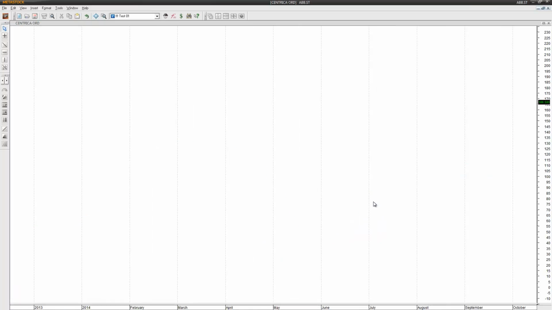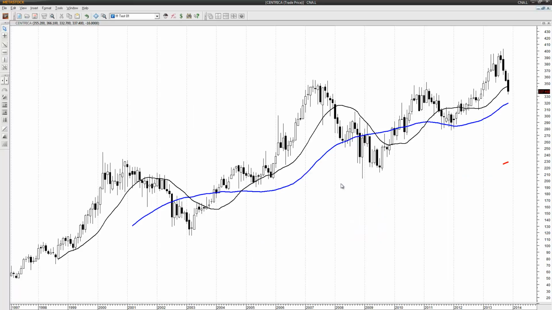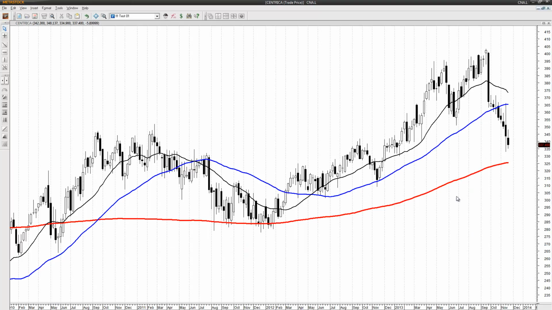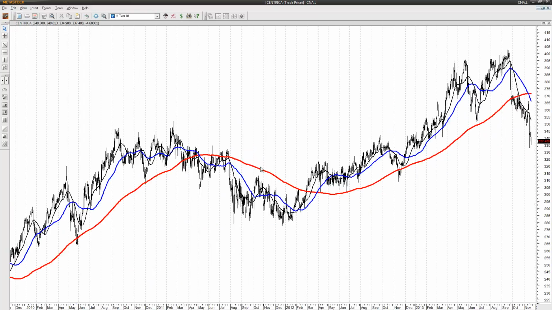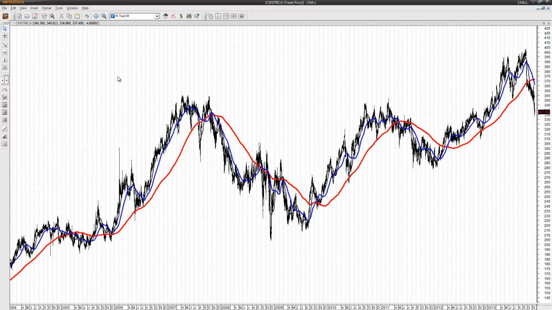Next chart, Centrica. Here you can see it on this chart. It's the trend line. Connect this trough to that trough, and you get a trend line. You can also see it on the weekly, and to get a more exact picture of it, you could use the daily chart.